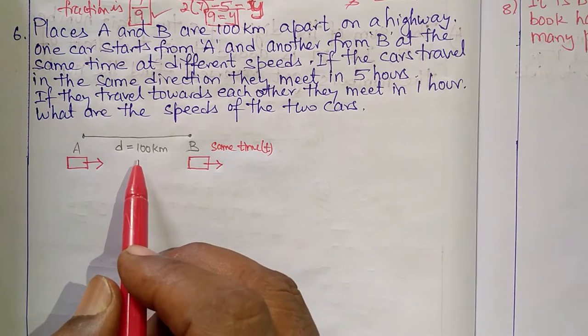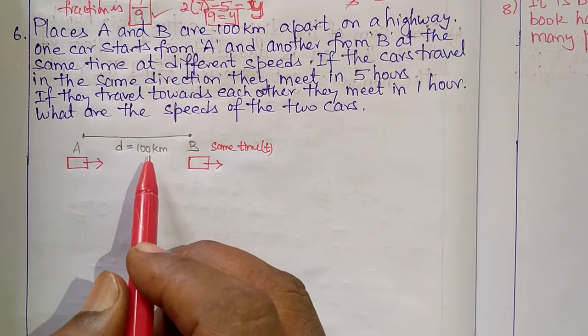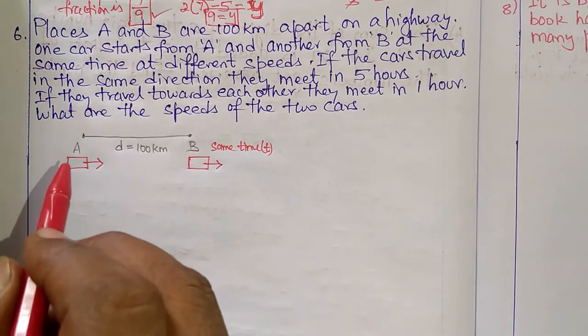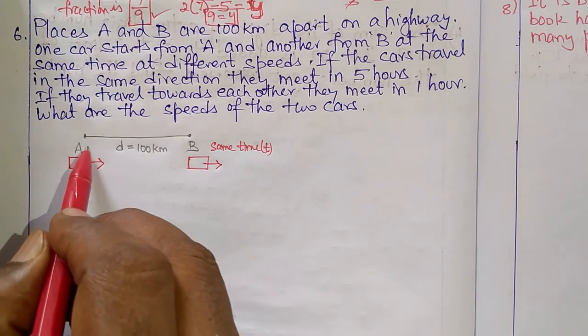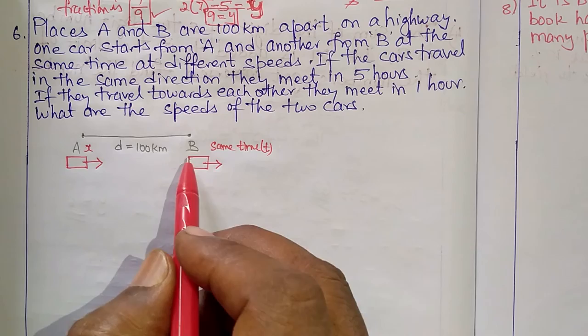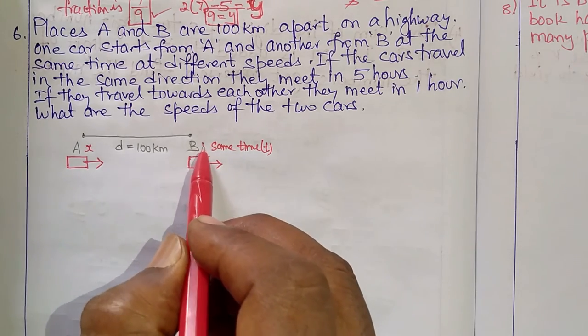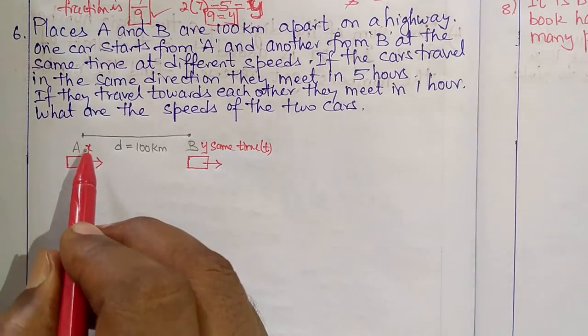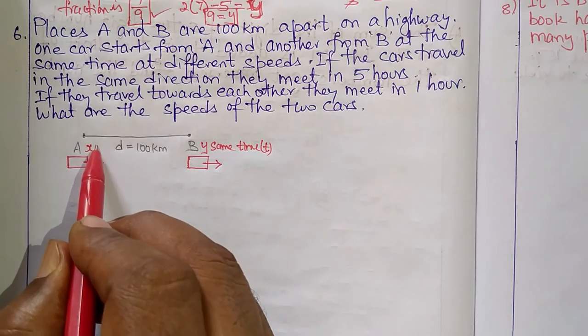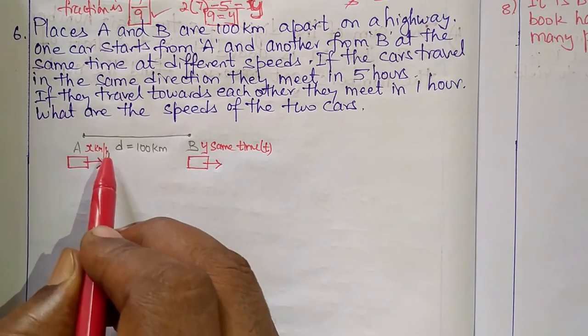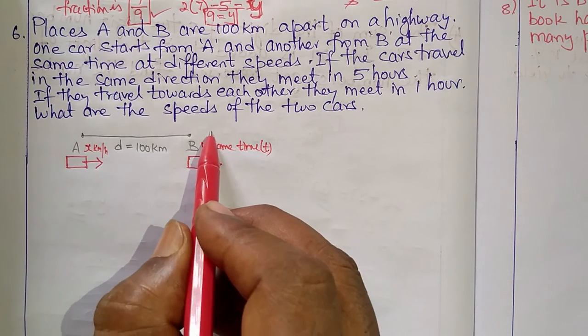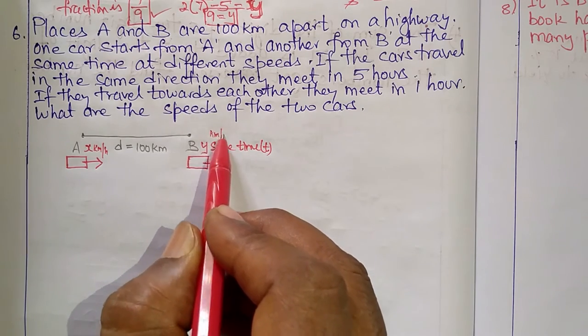So here we are getting two variables. Let the speed of the car that starts at A be X, and the speed of the car that starts at B be Y. So we are assuming the speed. Speed will be in kilometers per hour. So let this also be Y kilometers per hour.